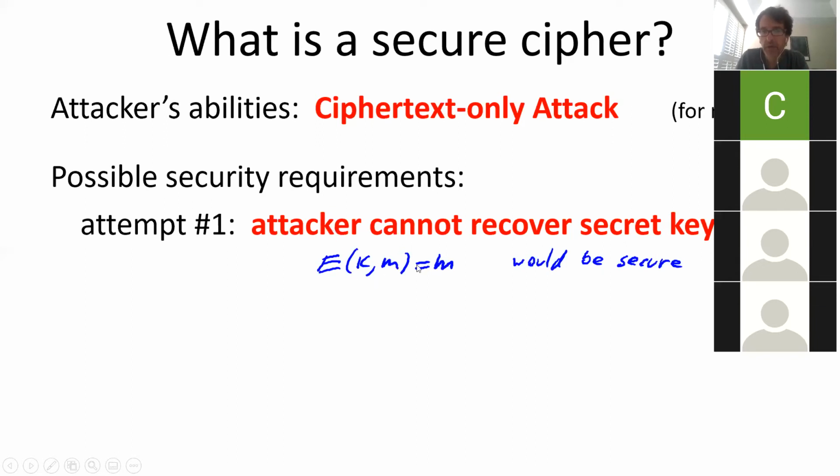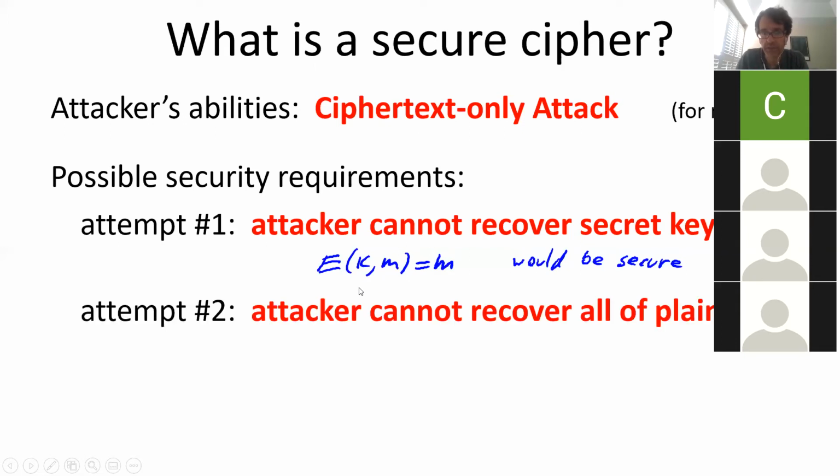Also, I could instantiate encryption in an obviously wrong way: the encryption of the message is just the message. The key is obliterated. If this is a ciphertext, then clearly you cannot recover the secret key, neither do you have to, because it wasn't even used. This counterexample shows that this attempt at capturing secrecy doesn't quite work.